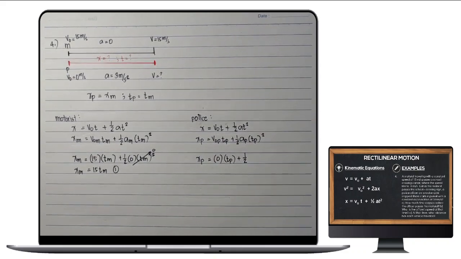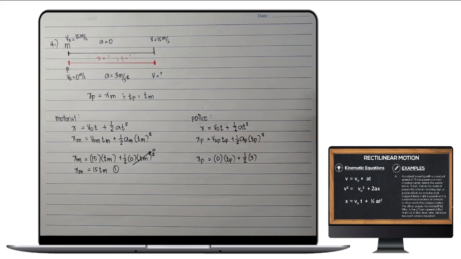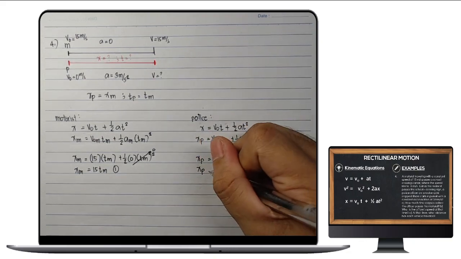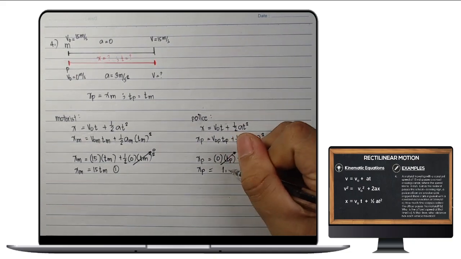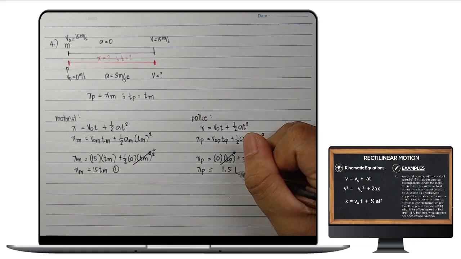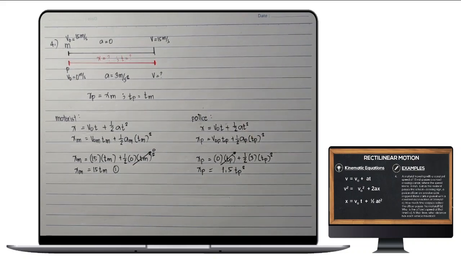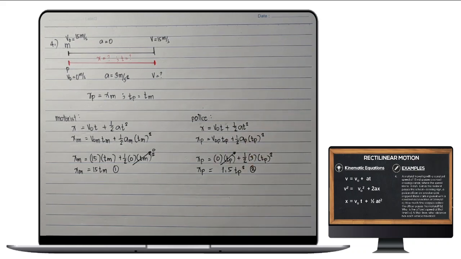The acceleration of the police as stated is 3 meters per second squared. Then we have here the time of the police squared. So we can cancel this one. Therefore, the x of the police officer is equal to 3/2 or 1.5 times time of the police squared. Let's have this as equation 2.